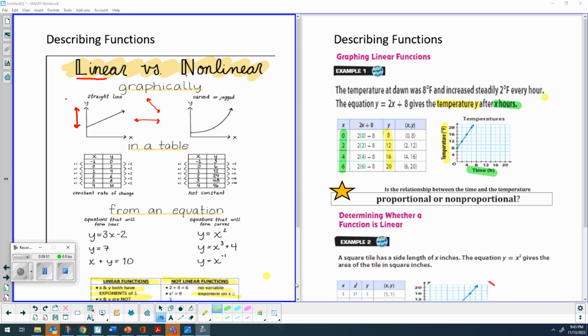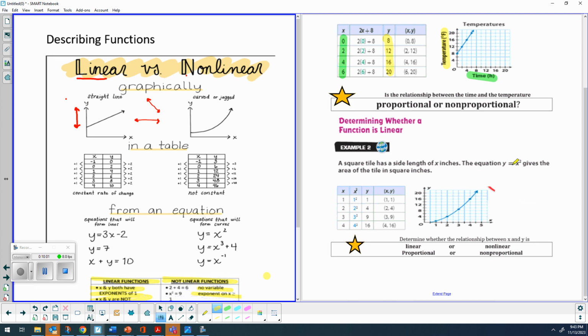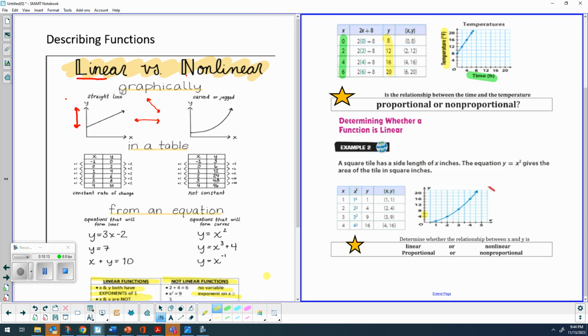Looking at the linear versus nonlinear reference sheet, based on the equation, what would be your decision? Is the equation linear or nonlinear in form? You could also base it easily on the graph. Is the graph linear or nonlinear? Please circle your answer. If your answer is linear, then you tell if it's proportional or non-proportional.